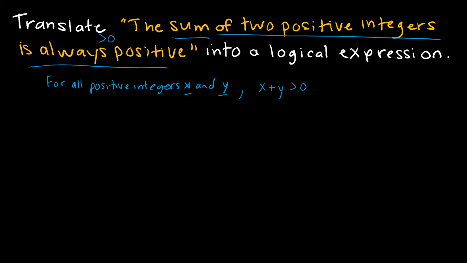So how could I now take my rewritten statement in English and write this as a proposition or using quantifiers? So here's one way, and again, there's more than one way.